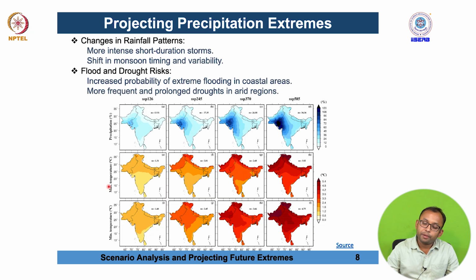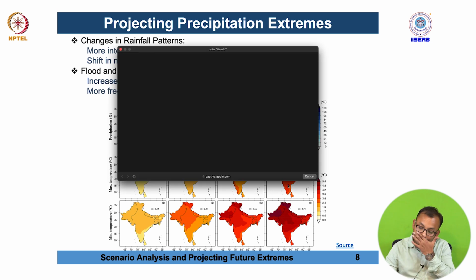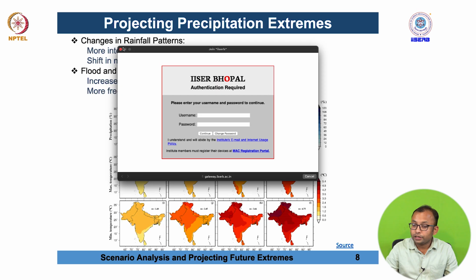When you are talking about the maximum temperature, the increase in the lower emission scenarios is not that high, but in the extreme emission scenarios the temperature increases significantly in the future time steps.